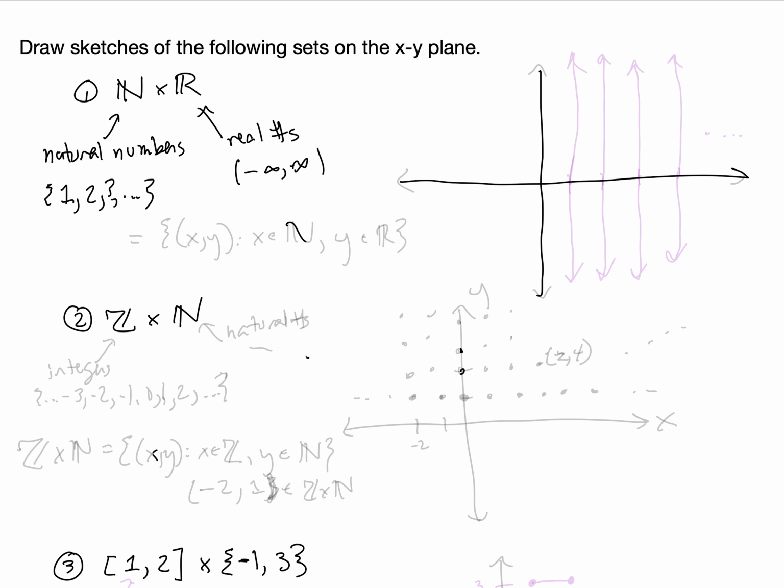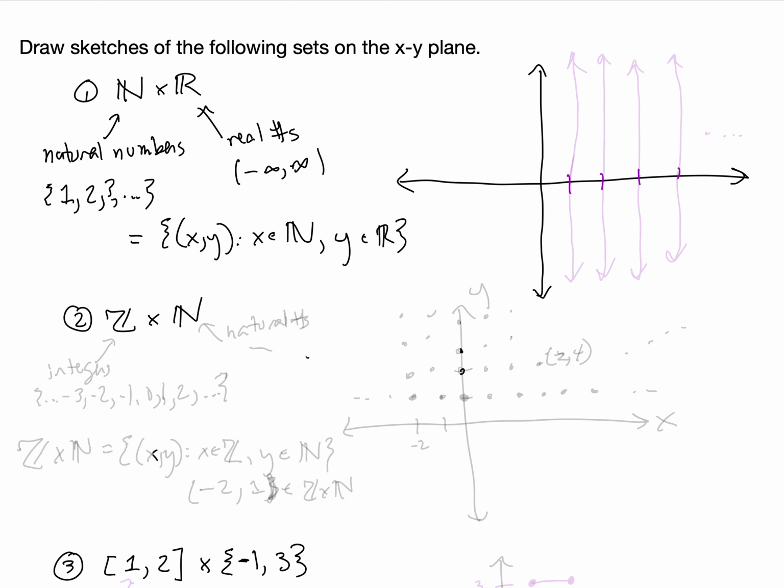If we're sketching this on the xy plane, let's also write it as a set. This is x, y such that x is in the natural numbers and y is in the real numbers. So the values for x can only be natural numbers 1, 2, 3, 4, etc.